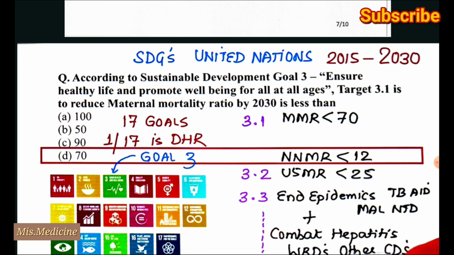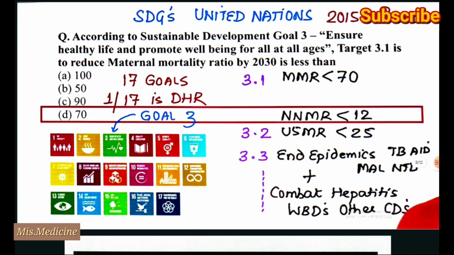If it is 3.2, then under-5 mortality rate is less than 25. If it is 3.3, it will be to end the epidemics of TB, AIDS, malaria and NTDs, and combat hepatitis, water-borne diseases, and other communicable diseases.